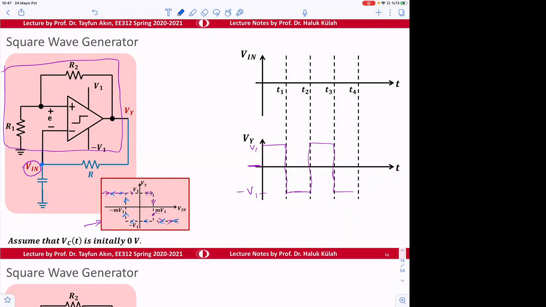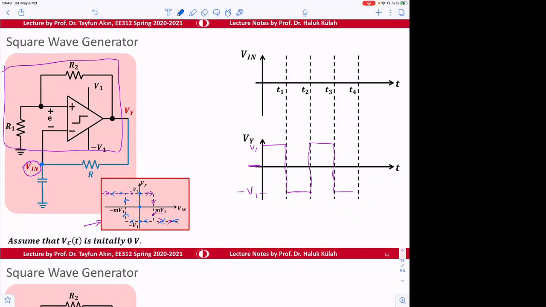So if the input is 0, the output can be either here or here or here, if you remember. This midpoint, the 0 point, the origin, is the point where the state is unstable. So we don't think that this will be the case. So we assume, let's say, the output to be maybe V1.